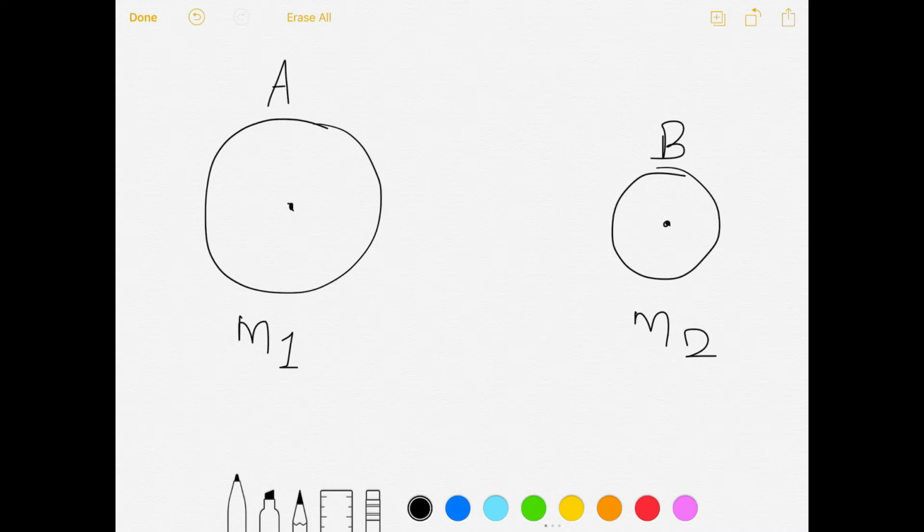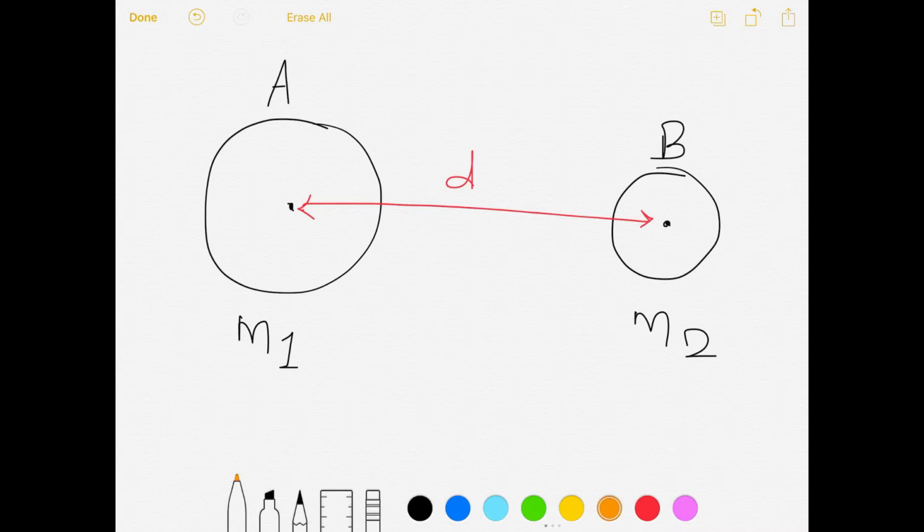As the sizes are different, we can say that m1 is greater than m2. Now let us assume that the distance between their centers is represented by d.